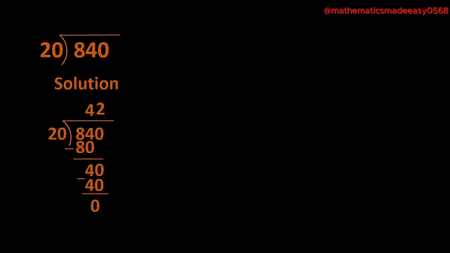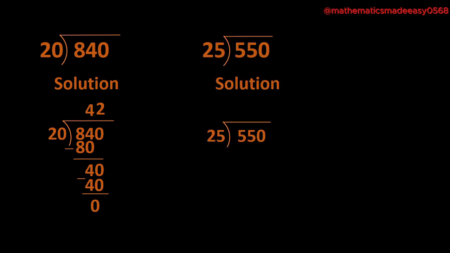Now we are moving into the next one. We have 25. And again, we are dividing it. We are using 55 to divide because 25 is bigger than 5. So we are not going to use 5. We are using 55.